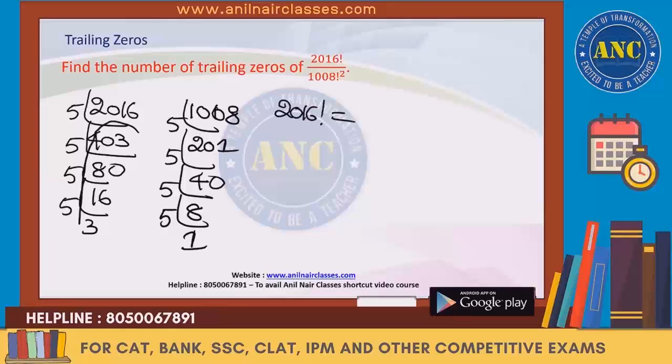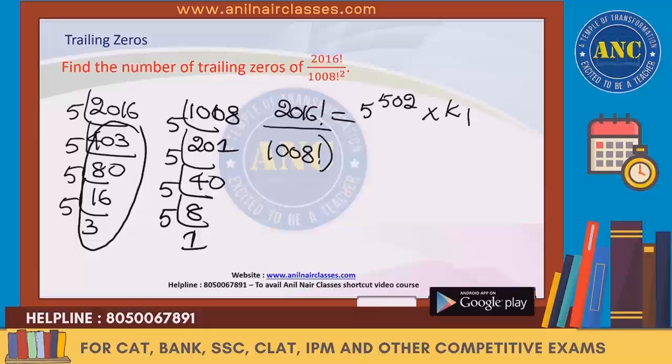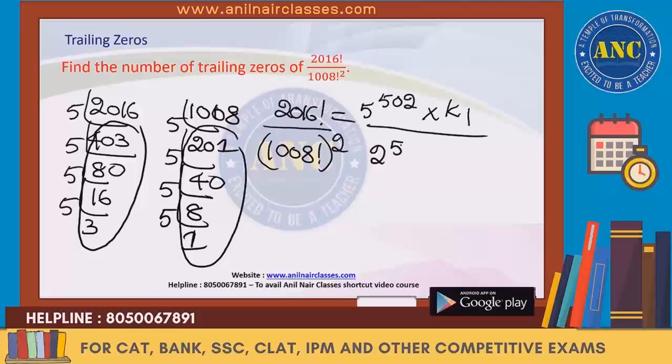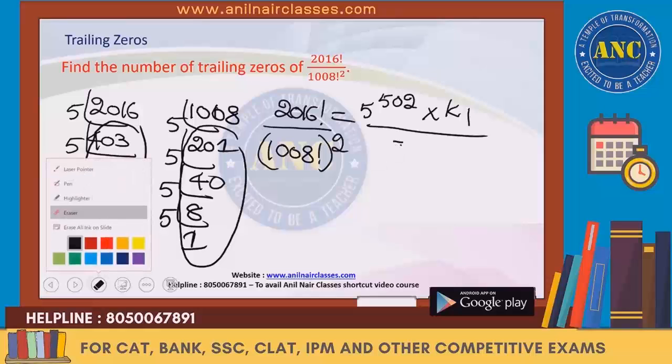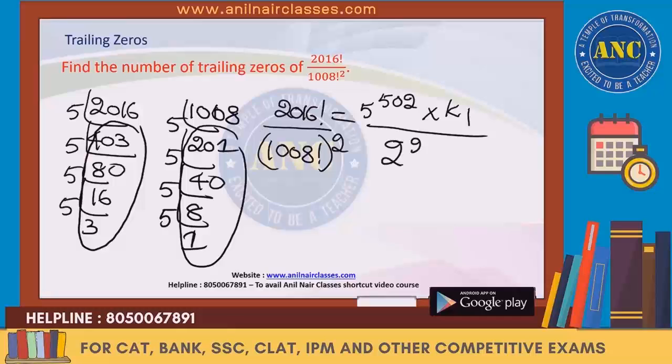These are nothing but 403 plus 80 plus 16 plus 3, which is 502. So this is 5 power 502 into K1, remaining all prime numbers, divided by 1008 factorial whole squared. For 1008 factorial, I get 201 plus 40 plus 8 plus 1, which is 250.